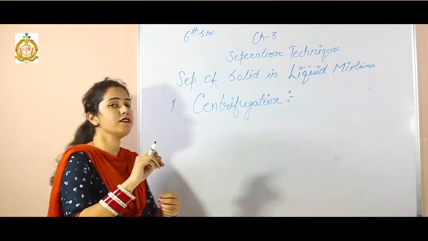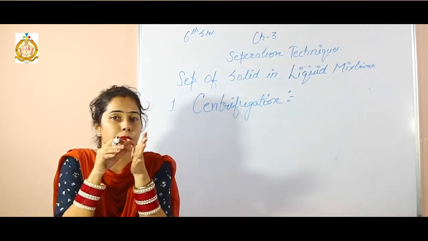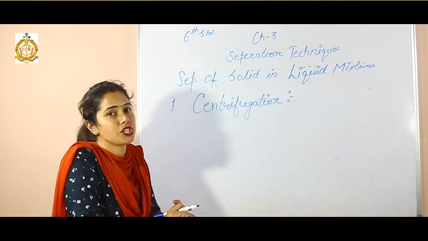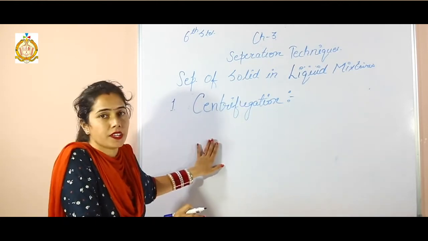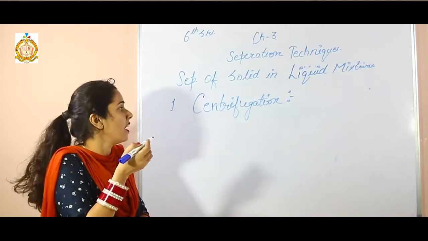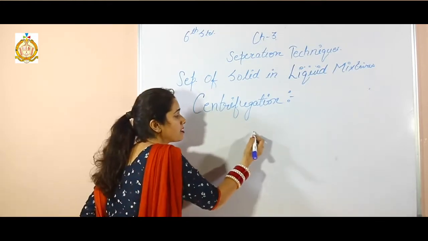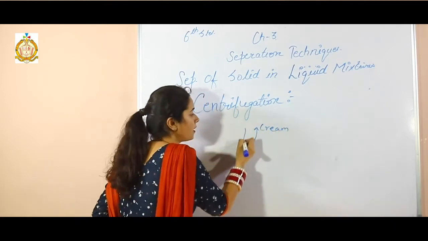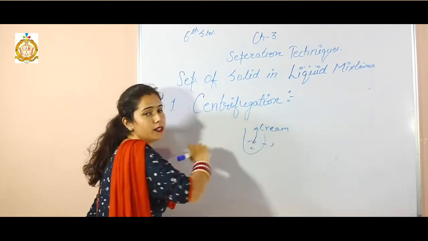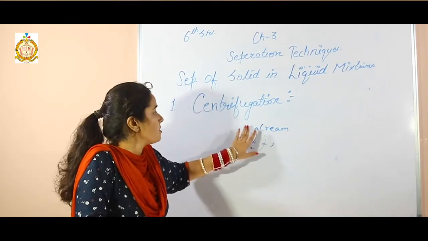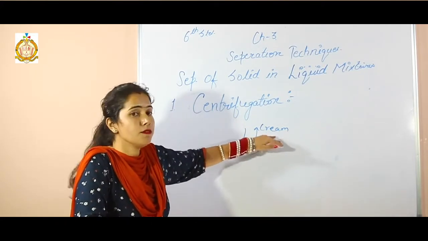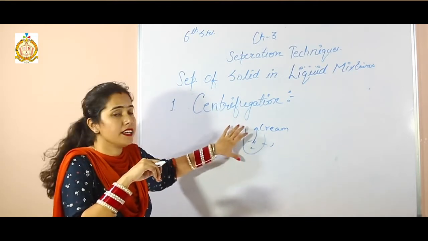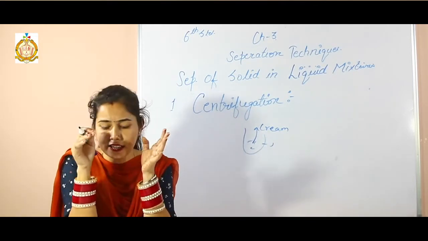For example, when we separate cream from milk, what happens? The milk is rotated in a machine or a large vessel at higher speed, and then the cream comes to the top and the milk stays at the bottom. In this way we can separate the cream from the milk, and it is a process of centrifugation, where anything is rotated at high speed.